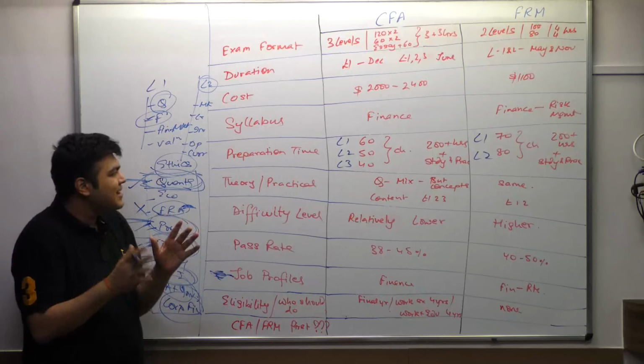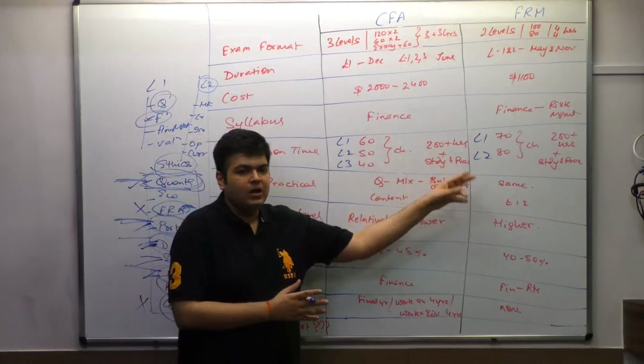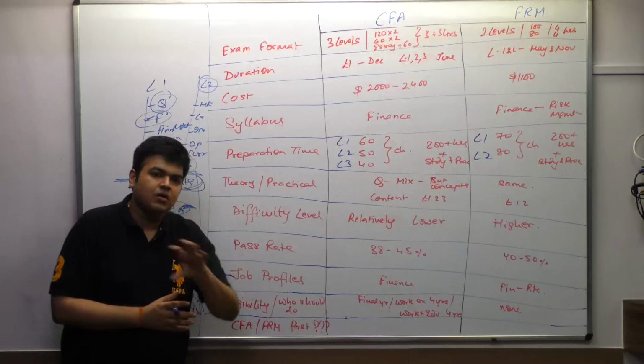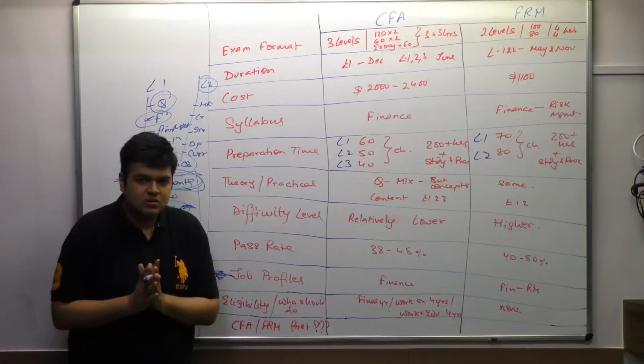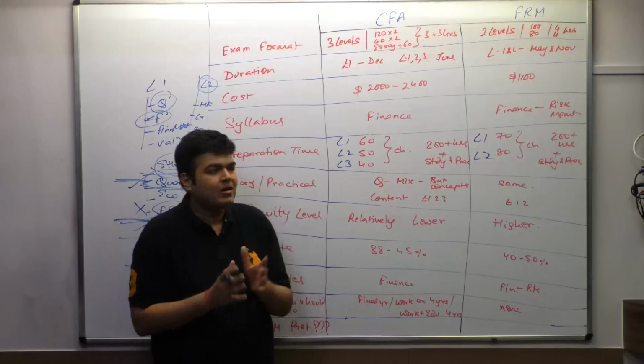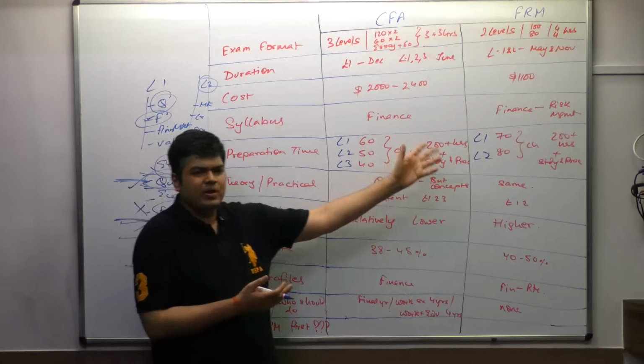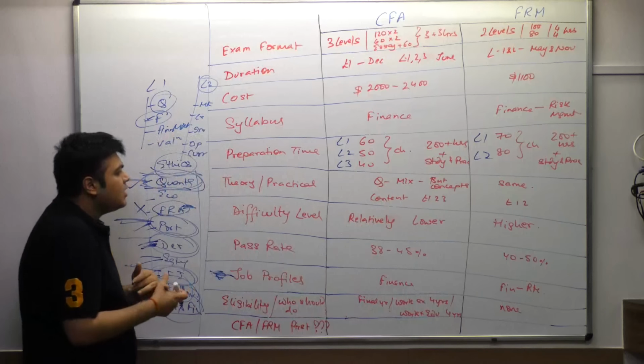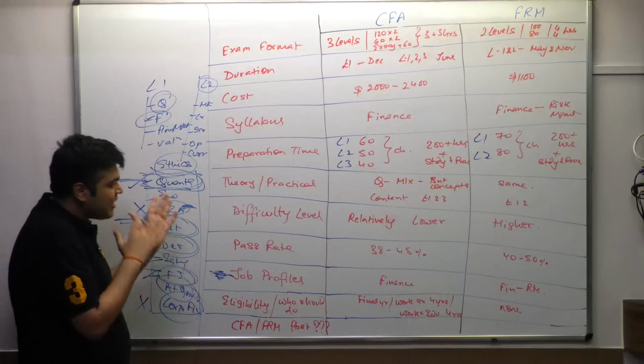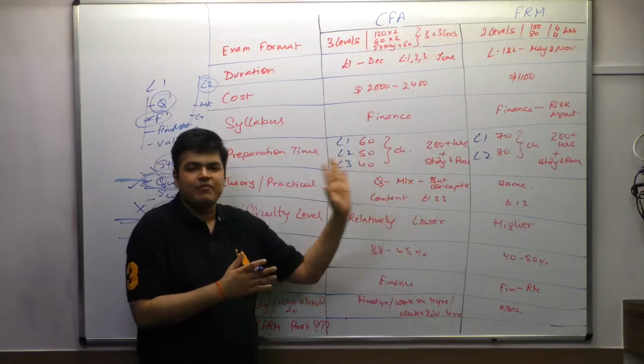So if you want to understand the syllabus of FRM level 2 in more detail, please again watch the syllabus part of the L2 introduction playlist. So you will get a much more detailed and better idea about the same. But if you watch the FRM L1 also, you can take a call. I think you need to watch the L1 part. So it's difficult to compare, but CFA L1 would be relatively easier compared to FRM level 1, that I can tell you.